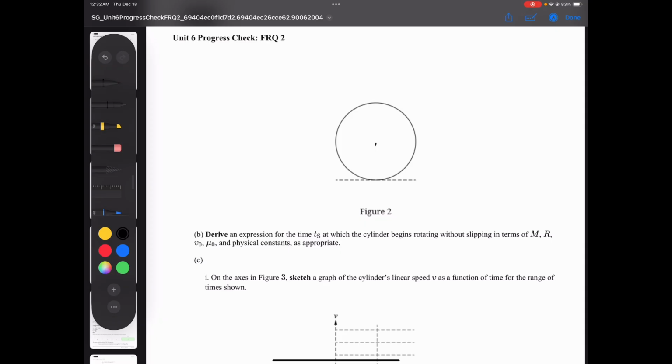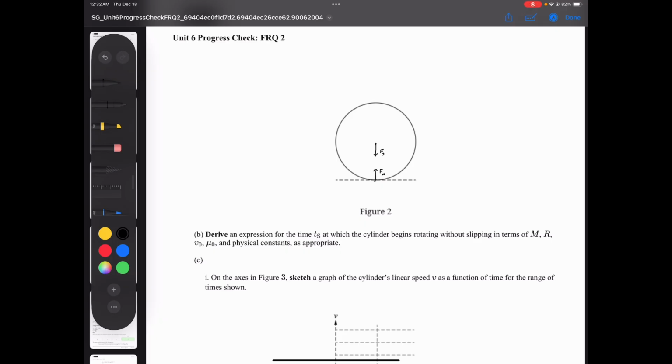So the force of gravity that the Earth exerts on the cylinder originates from the center of mass. And then the normal force is contacting the very bottom of the cylinder and pushing up on it with an equal magnitude to the force of gravity.